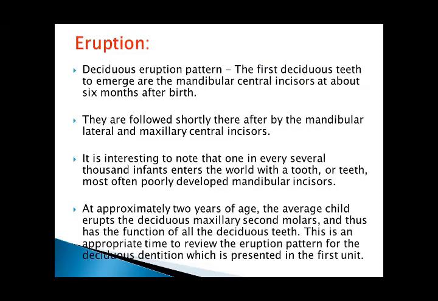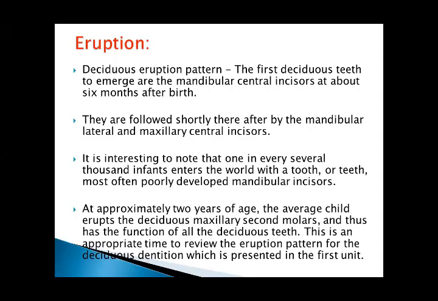Deciduous eruption pattern. The first deciduous teeth to emerge are the mandibular central incisors at about 6 months after birth. They are followed shortly thereafter by the mandibular lateral and maxillary central incisors. It is interesting to note that one in every several thousand infants enters the world with a tooth or teeth, most often poorly developed mandibular incisors.